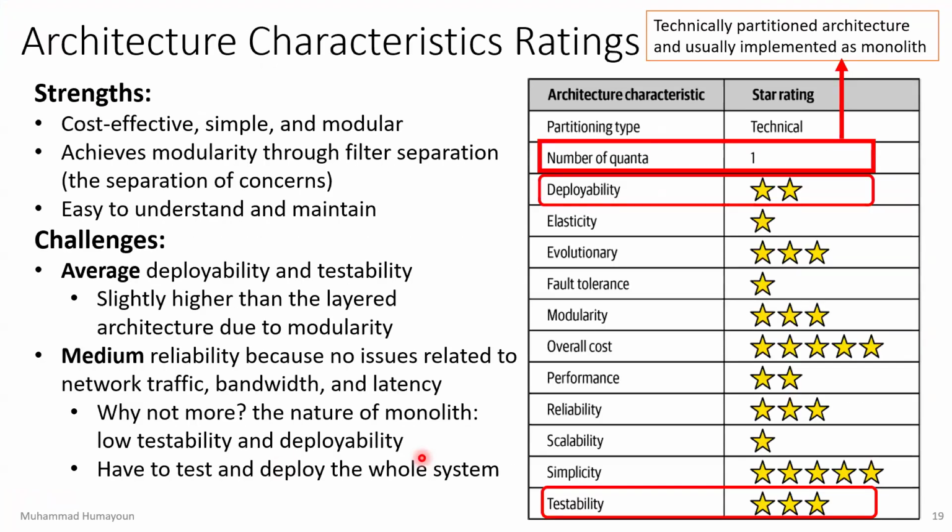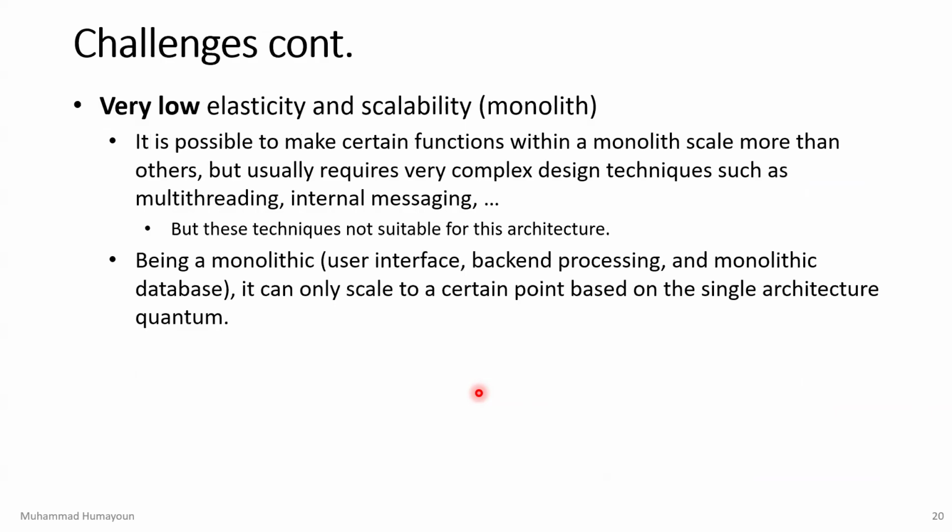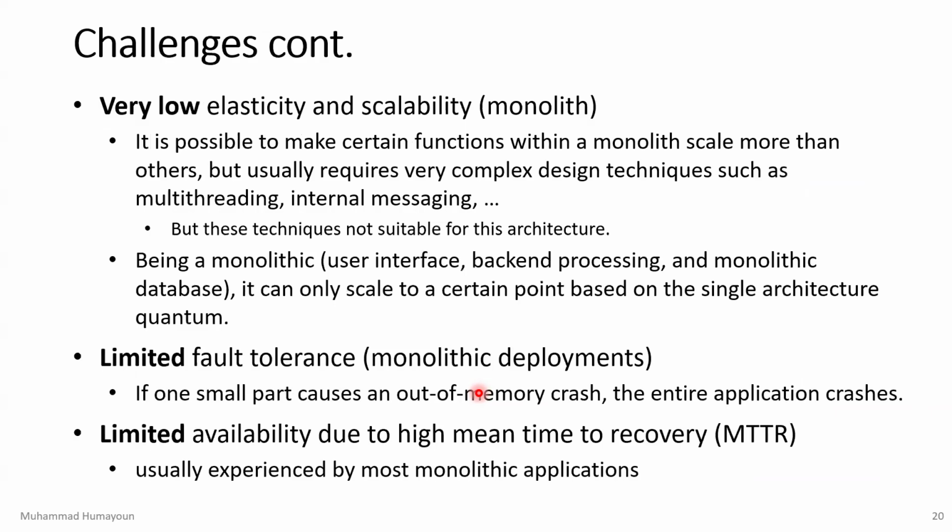Availability is limited here. Let's look at availability here. Okay, it is not written directly here, but availability is low because if your application crashes, it's a monolith, it may take time to put it back into production. Because of high mean time to recovery, usually most monolithic applications, once they are down, can take some time to recover.